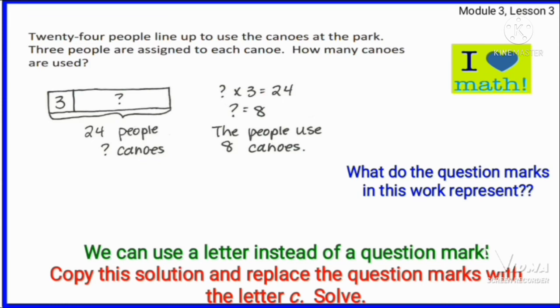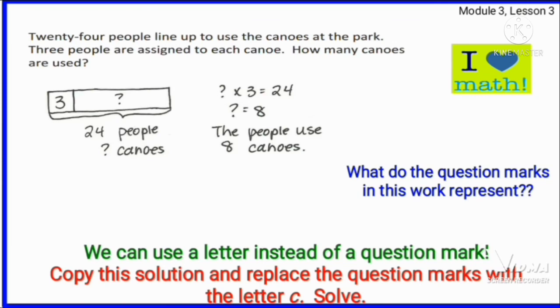Or you can say a certain number. Let's use question mark to represent the unknown. Question mark times 3 equals 24. Question mark value is 8 because 24 divided by 3 is 8. So the people use 8 canoes.